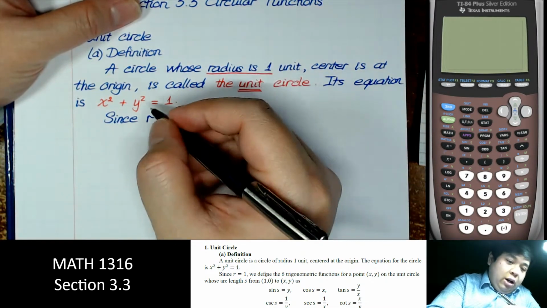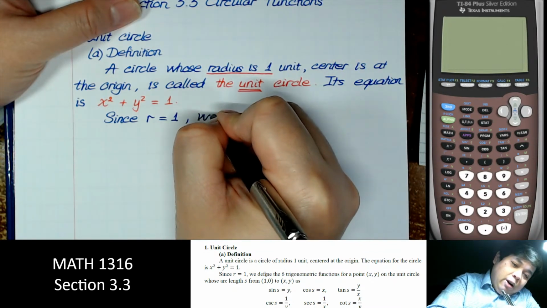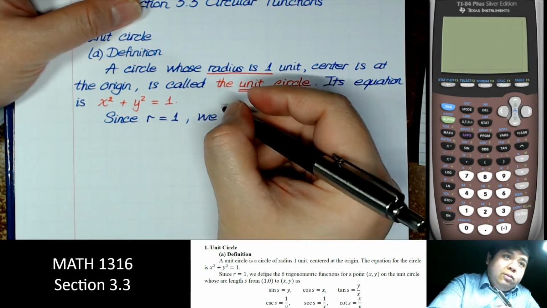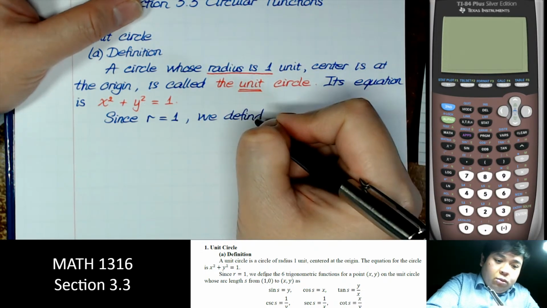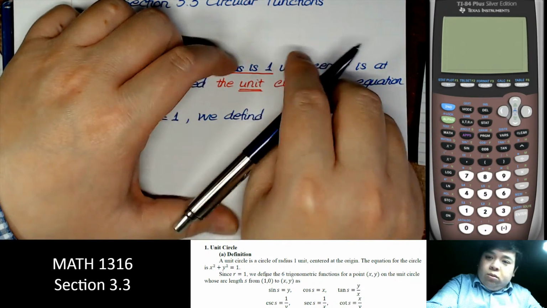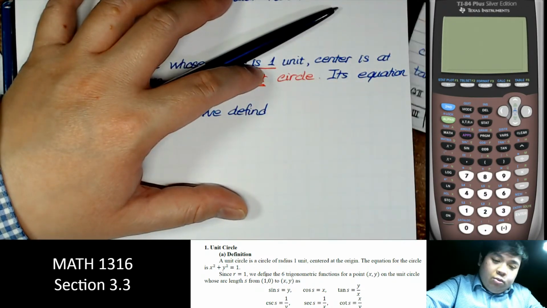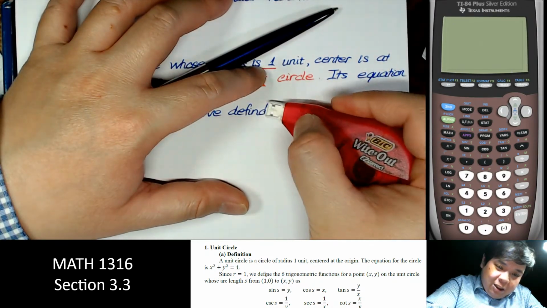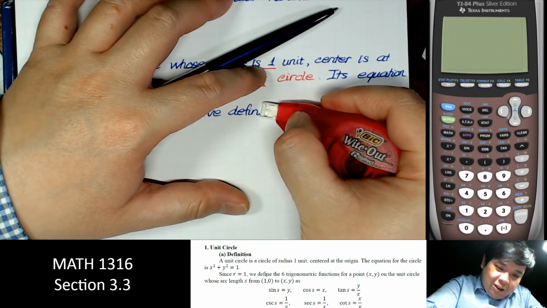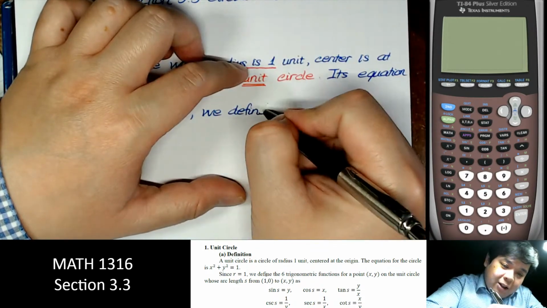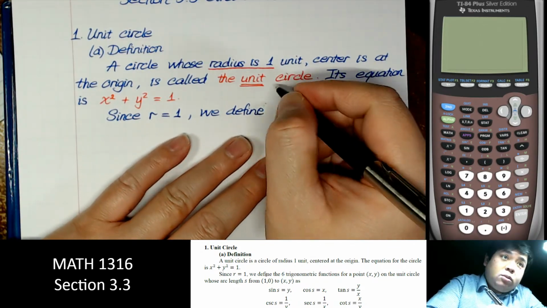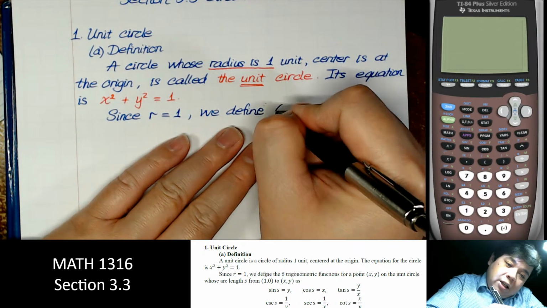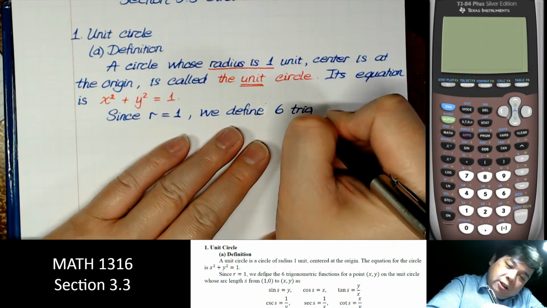Since r equals 1, we define the six trigonometric functions.